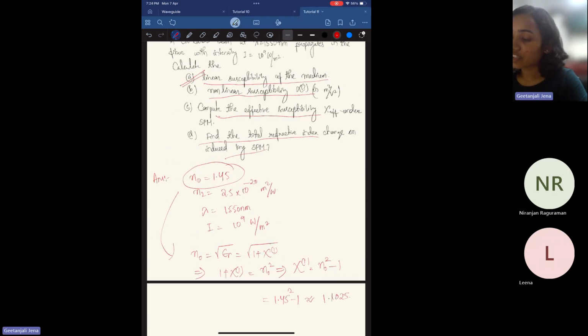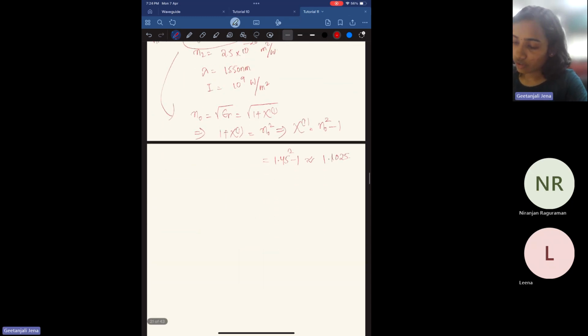Okay, the first part is done. In the next part, we need to find chi3 due to the Kerr effect. If you recall, n is n0 plus n2 into I, and n2 is related to chi3 by the expression n2 is 3 chi3 by 4 n0 square epsilon naught c.